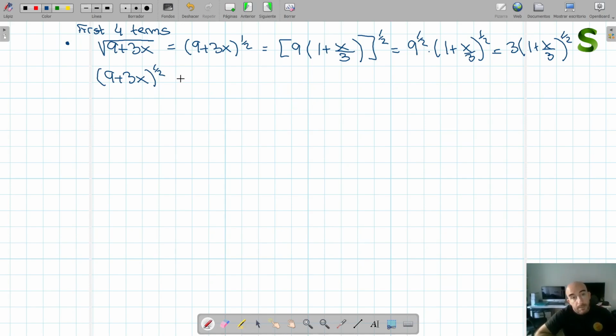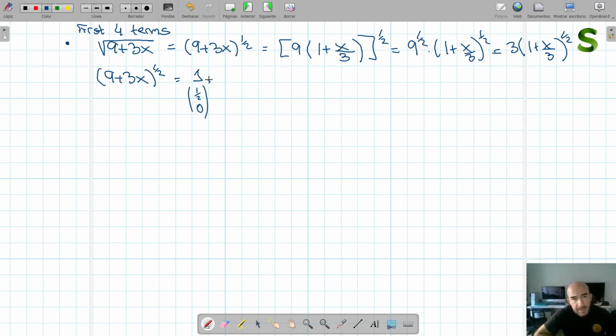Okay, so let's start with this. The first term, I always like to write this down here so that I know where I am, is 1/2 over 0. This, where you have something over 0, is always going to be 1, by definition.